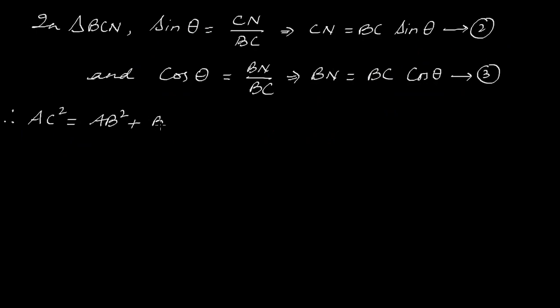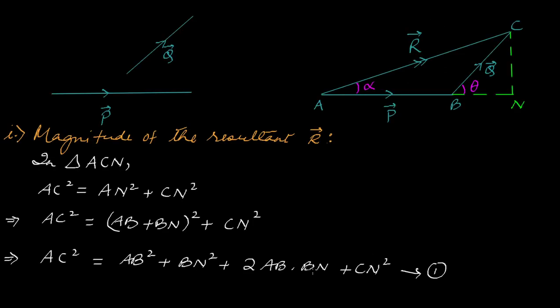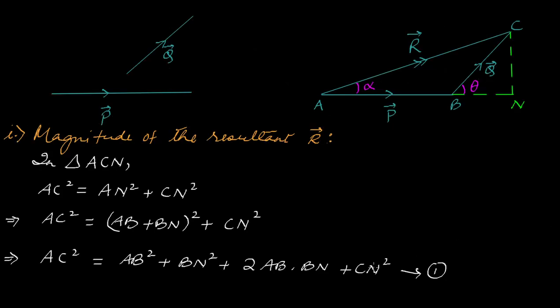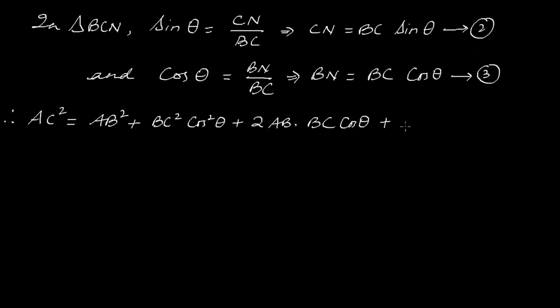So it will be BC square cos square theta plus 2AB BN. So instead of BN, I will write BC cos theta, plus CN square. But what is CN? CN is this. CN square will be BC square sine square theta.